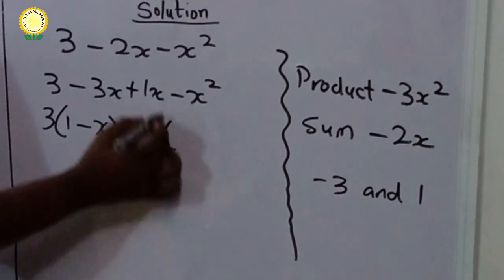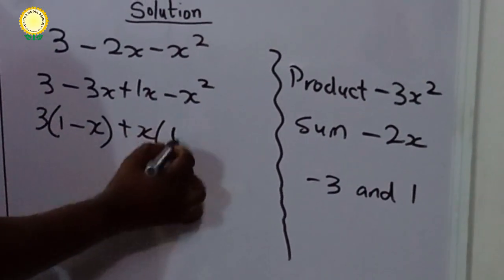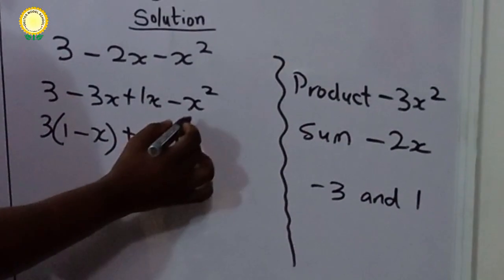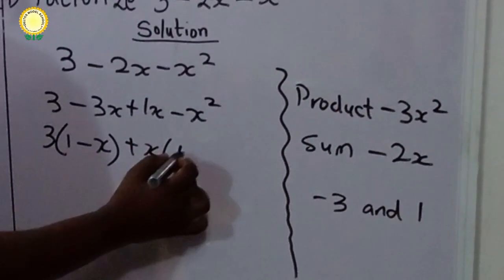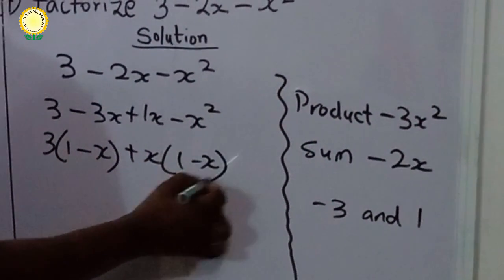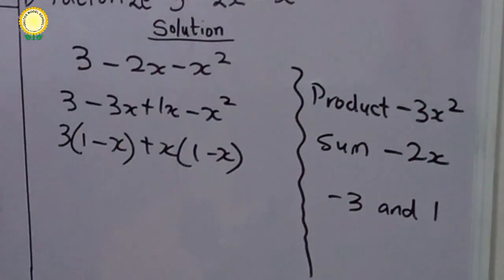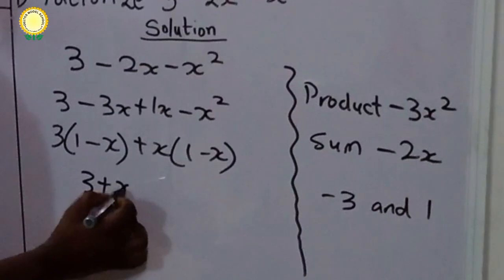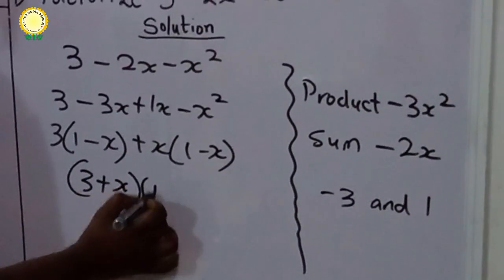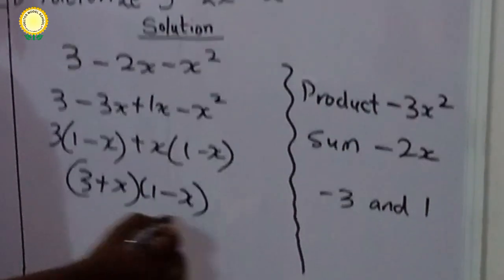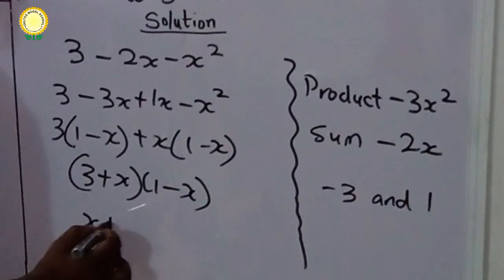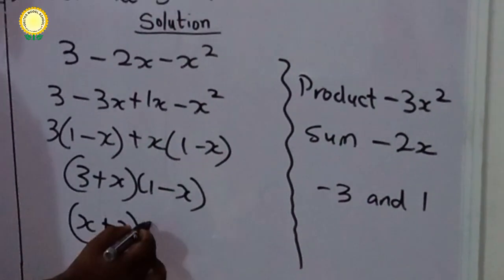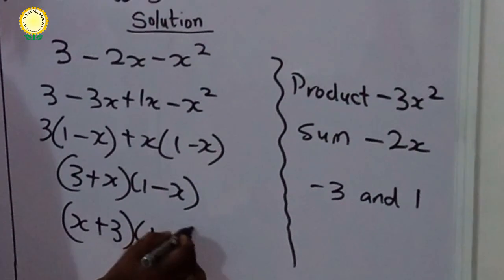X. So 1x divided by x is 1. Then x squared divided by x is what? Minus x. Okay, so we are done factorizing. We have 3 plus x into brackets 1 minus x. So we can write it as x plus 3 into brackets 1 minus x.